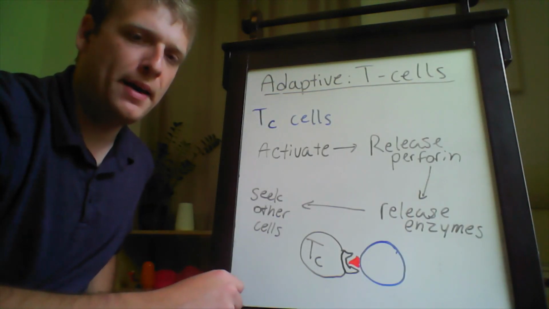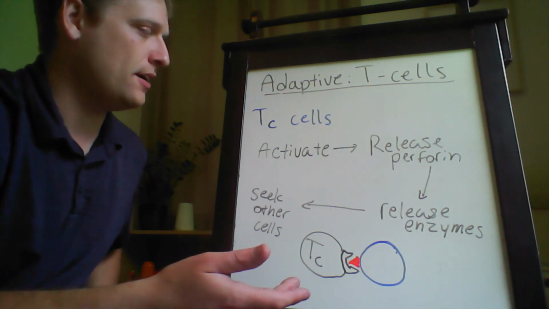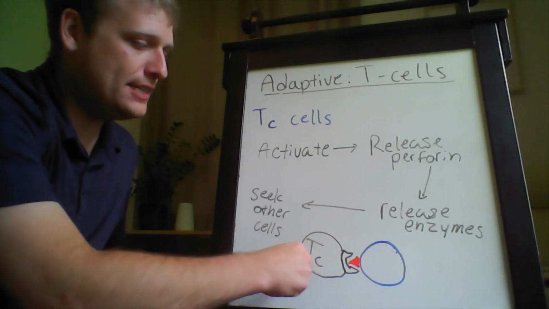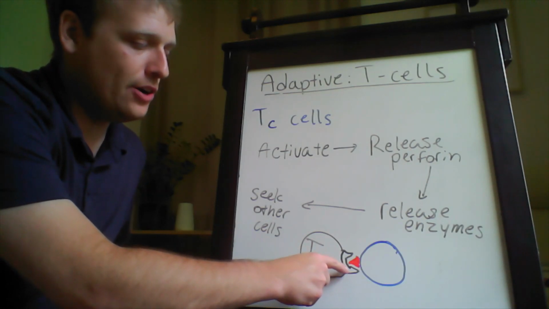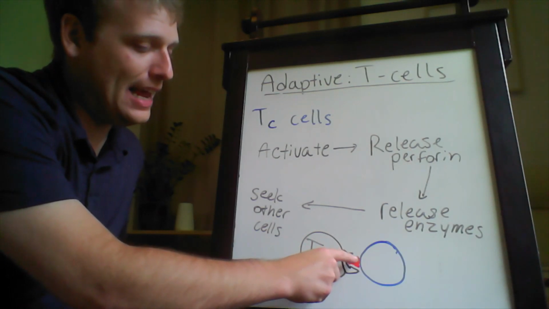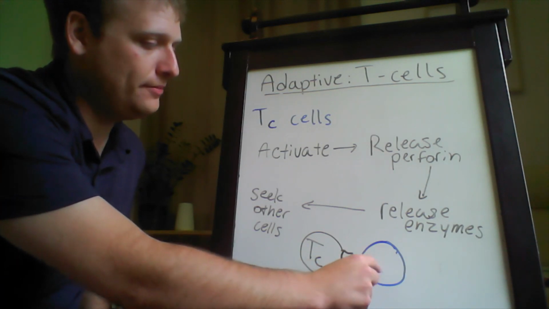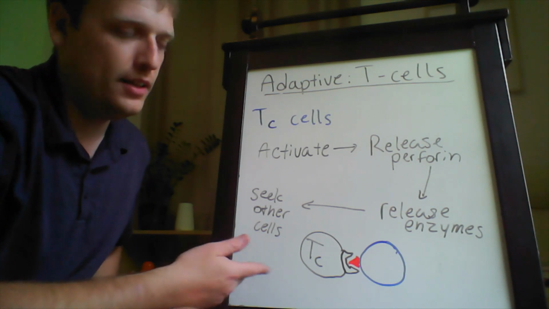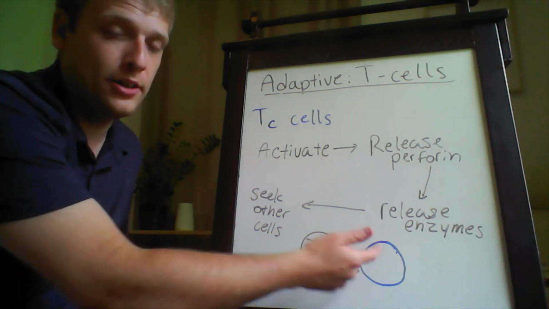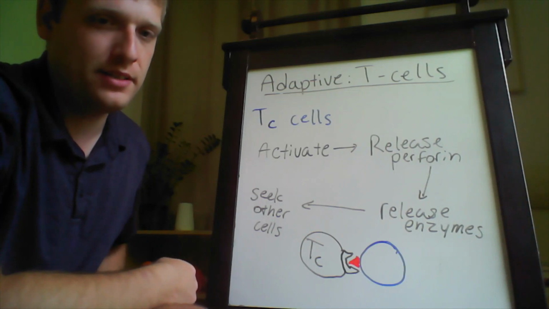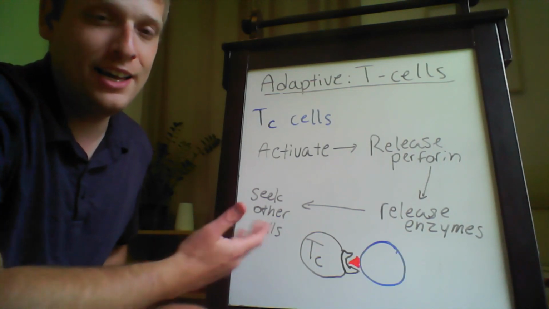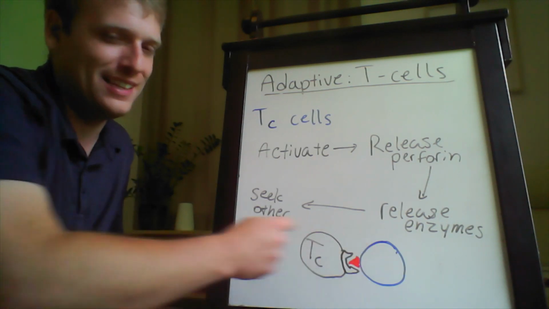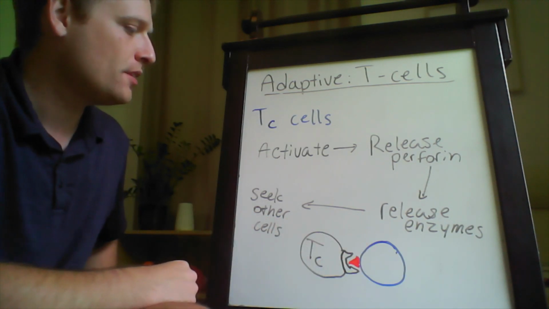Let's take a look at the mechanism of action for a T cell. Once a T cell is activated, meaning this T cell with its T cell receptor recognizes an antigen on some diseased cell or some foreign cell that it needs to clear. Also could be a cell that's infected with a virus or an intracellular pathogen. Sometimes bacteria can get inside the cells and infect cells as well.